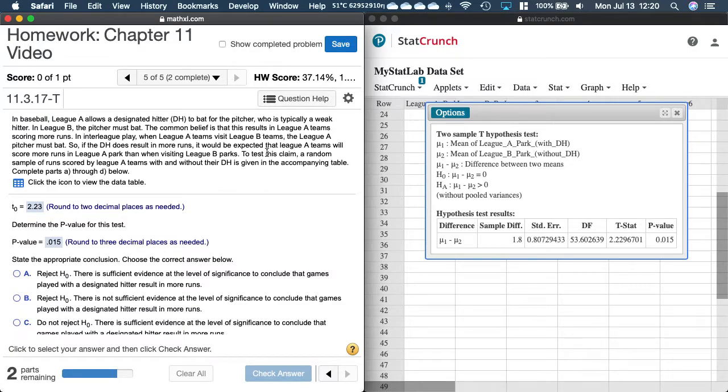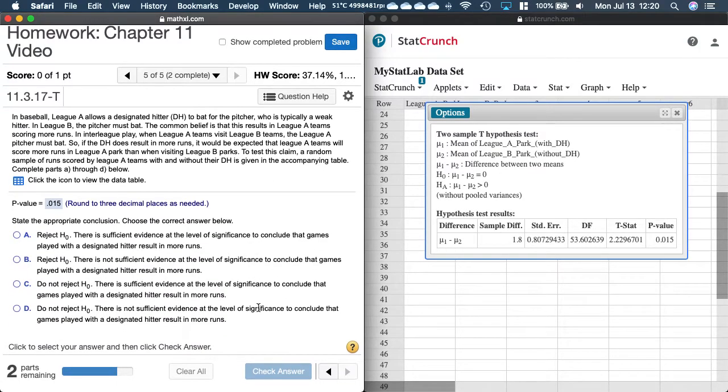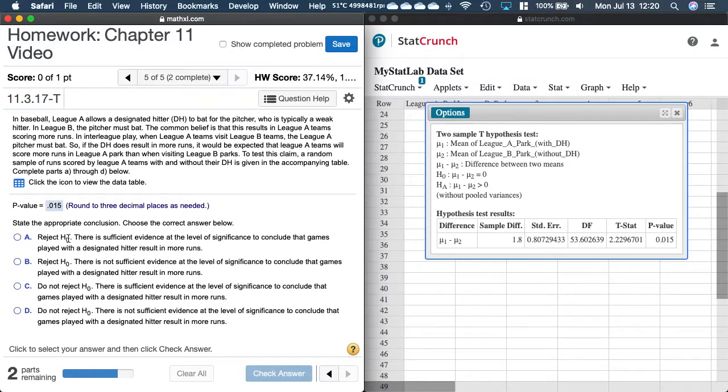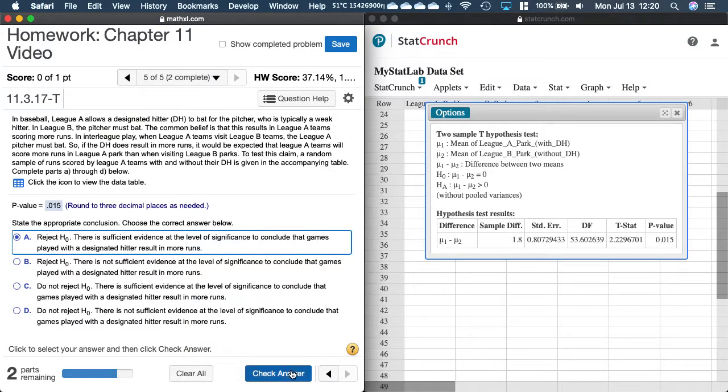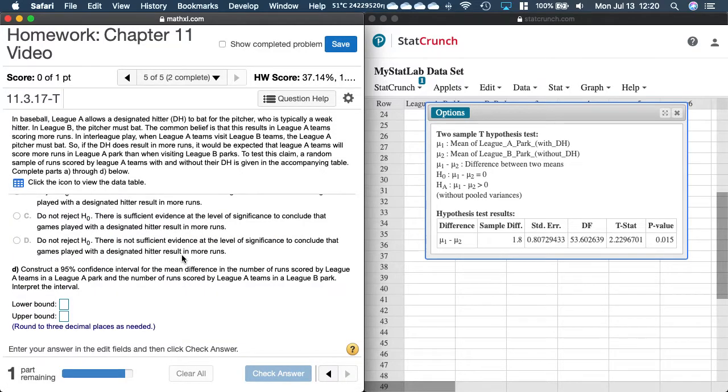Well, 0.02 is really small, so it doesn't matter what it is. So there's sufficient evidence at the level of significance to conclude that the game played with the hitter results in more runs. When we reject, there is. So we'll choose A, because that's the correct interpretation.